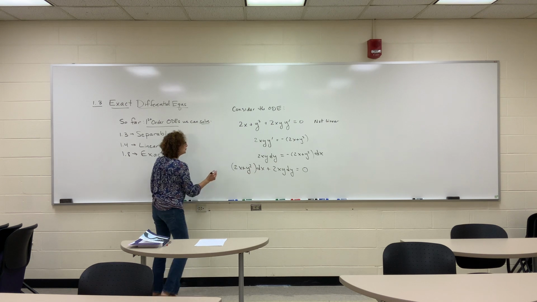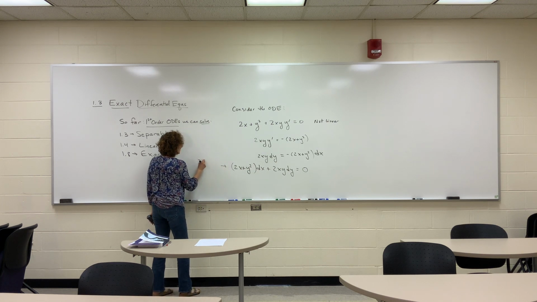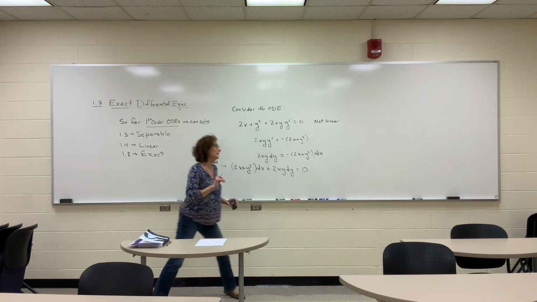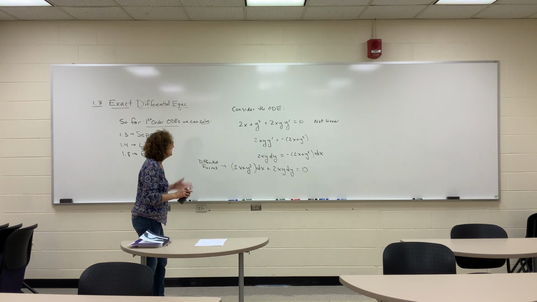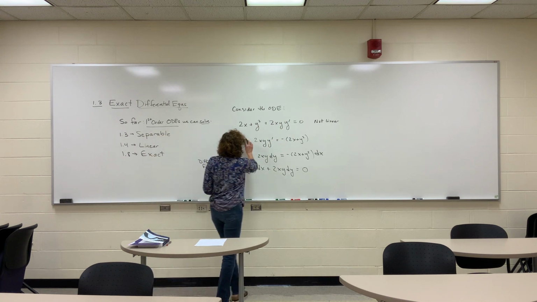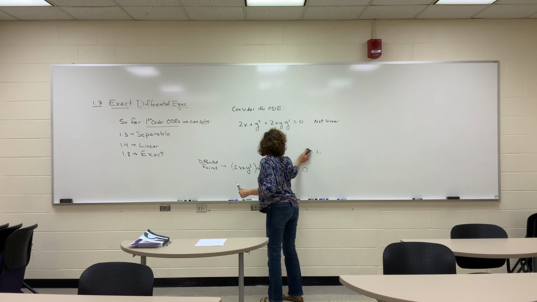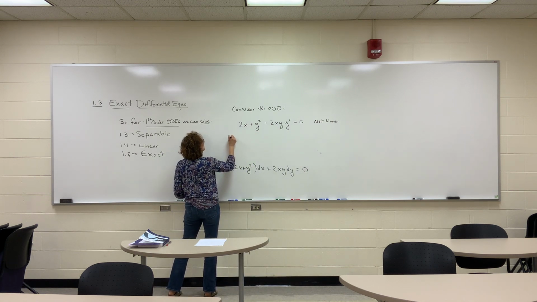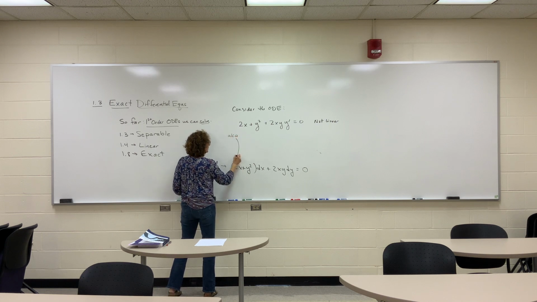So this is another differential form, because I've got it written in terms of differentials instead of derivatives. Yeah? Okay, so these two guys are the same thing, right? This ODE, also known as this ODE, right?